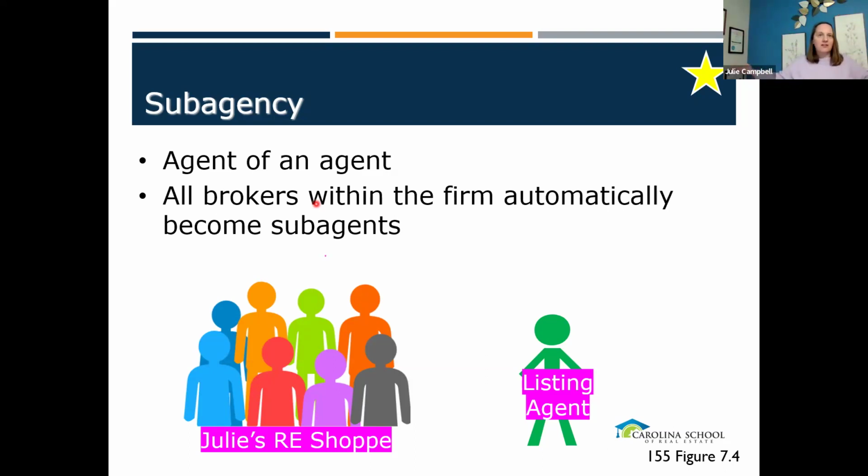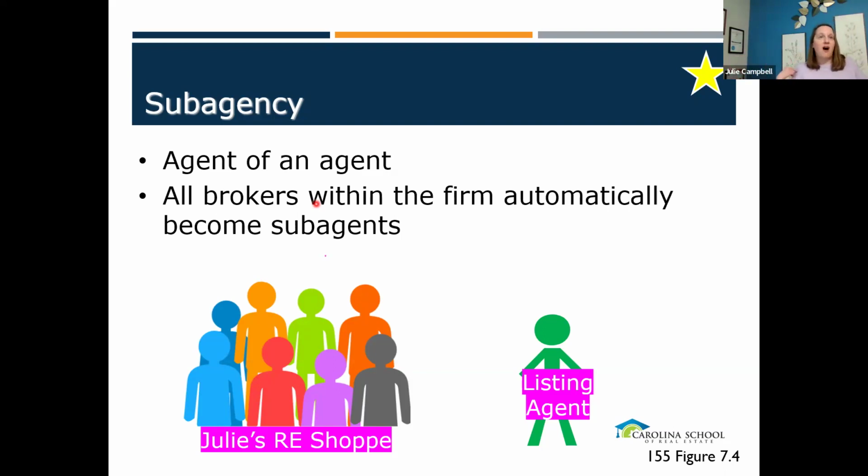Now, what if Suzanne leaves? Suzanne has the audacity to go to a different firm. Don't worry, she'll be back. What do you guys think? Can she take that listing with her? Is it her listing? No. Whose is it? Mine. It's up to the firm.